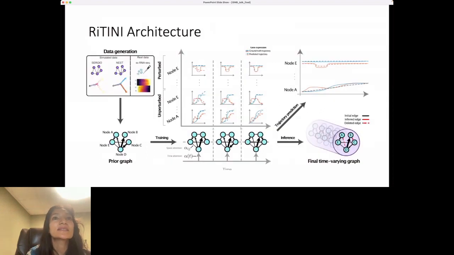So the way the architecture works is each of the nodes in this graph is actually a gene or whatever regulatory element you're looking for. We've tested it on both gene regulatory networks and neuronal activation networks. And then the job of the graph attention network is to predict the dynamics of each gene within a single cell. But as it's doing it, it changes its attention weights, and the changes in its attention weights are what we infer the network from.